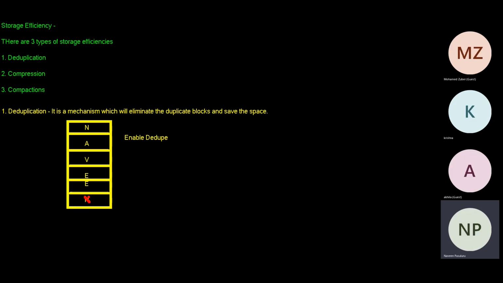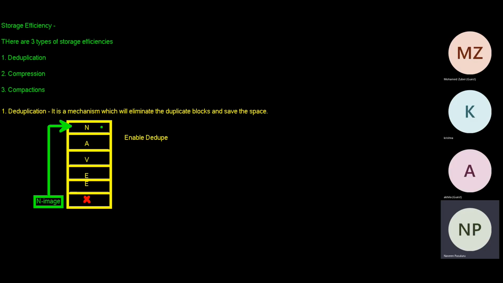It will eliminate one N block, and instead of the N block, it will create an N image, with a pointer towards the other N block. So now in this volume, instead of having two N blocks, I have only one block containing the data N. The other one contains just the image, so that I have saved space, right?